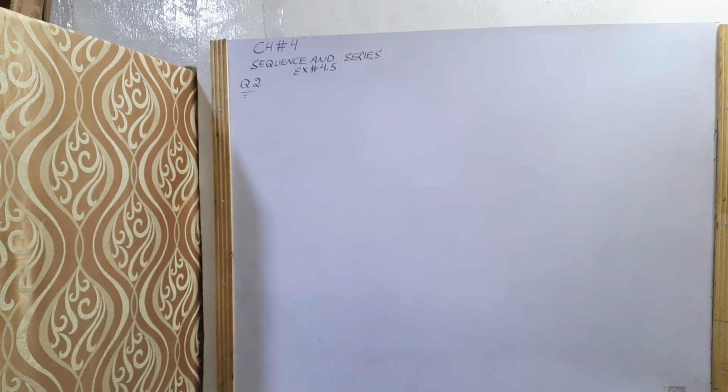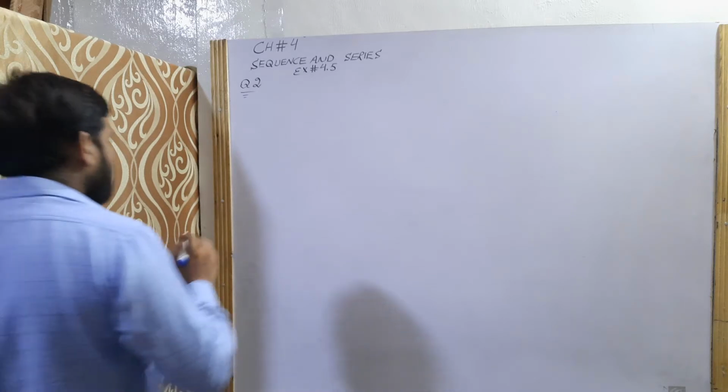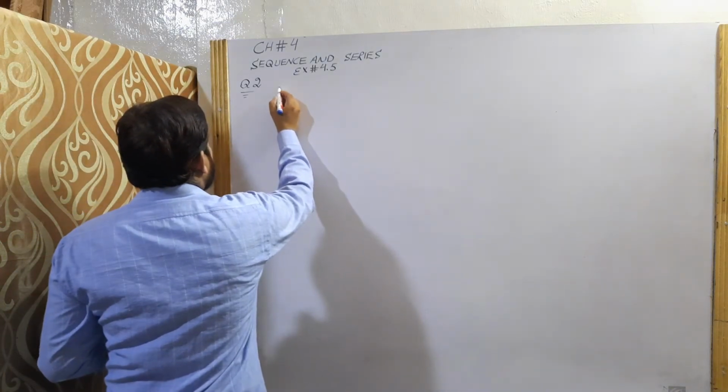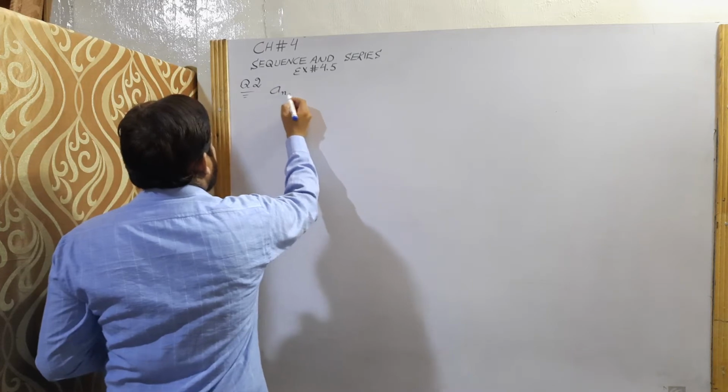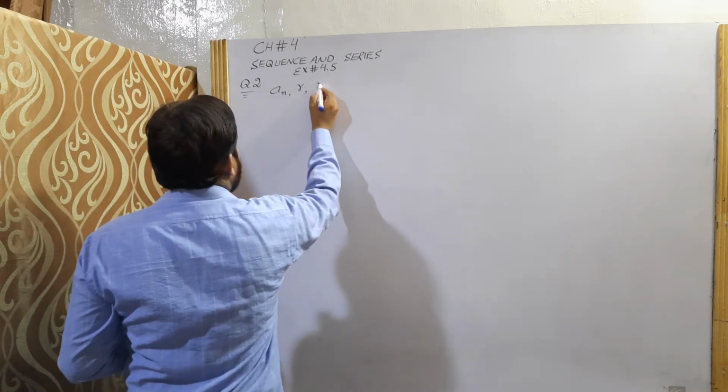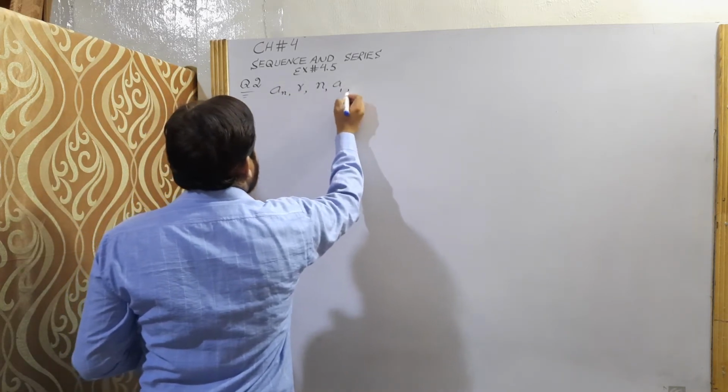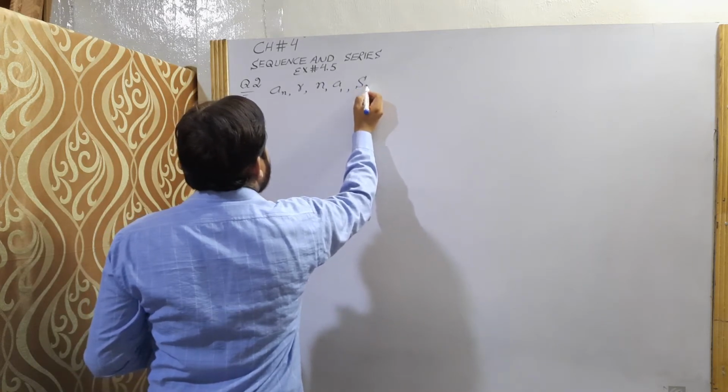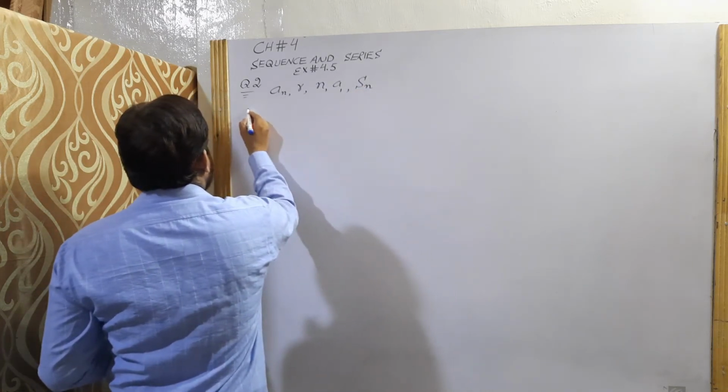Next question is, some of the components are given and some of them are missing. Question number 2. An, R, N, A1, Sn. Part number 1.